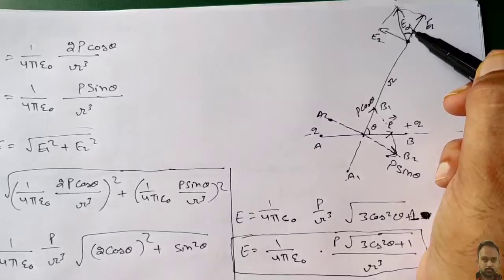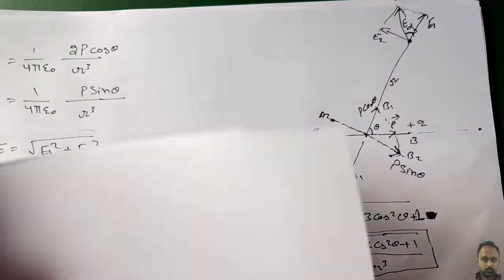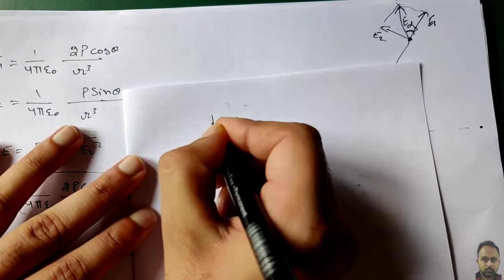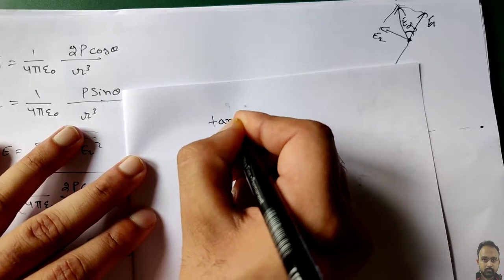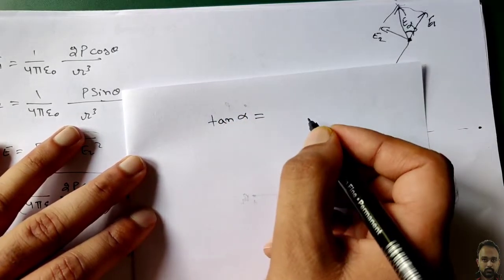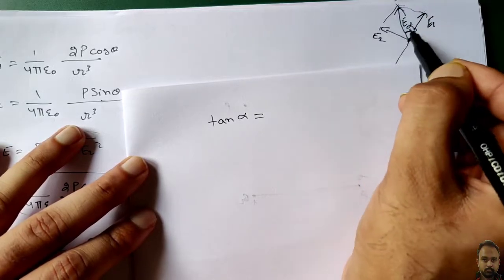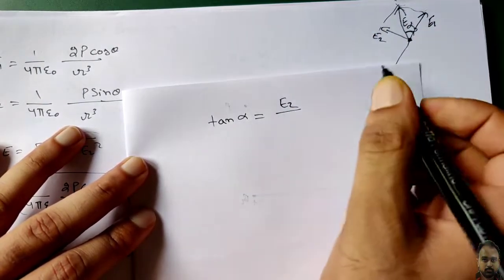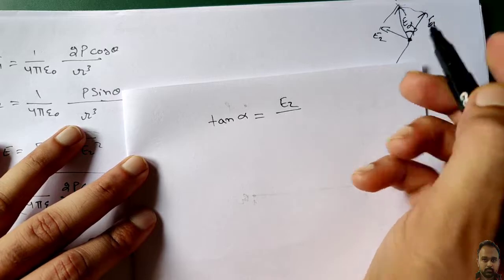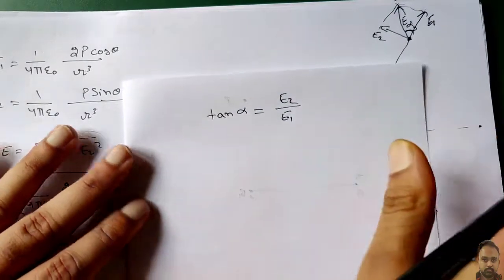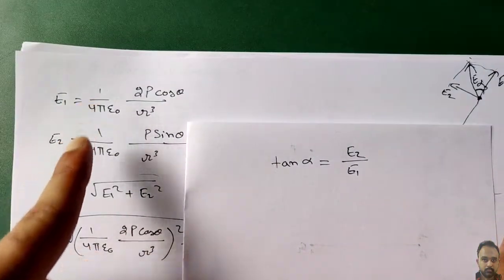Okay, so we can simply find out this alpha as tan alpha, which will be perpendicular over base. Perpendicular over this triangle is this, which is E2, over the base is E1.